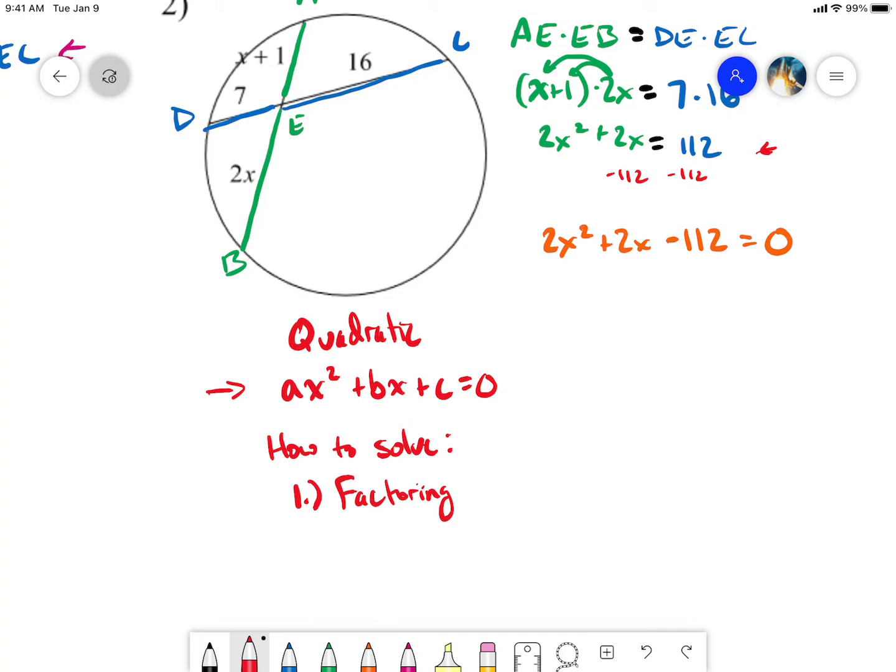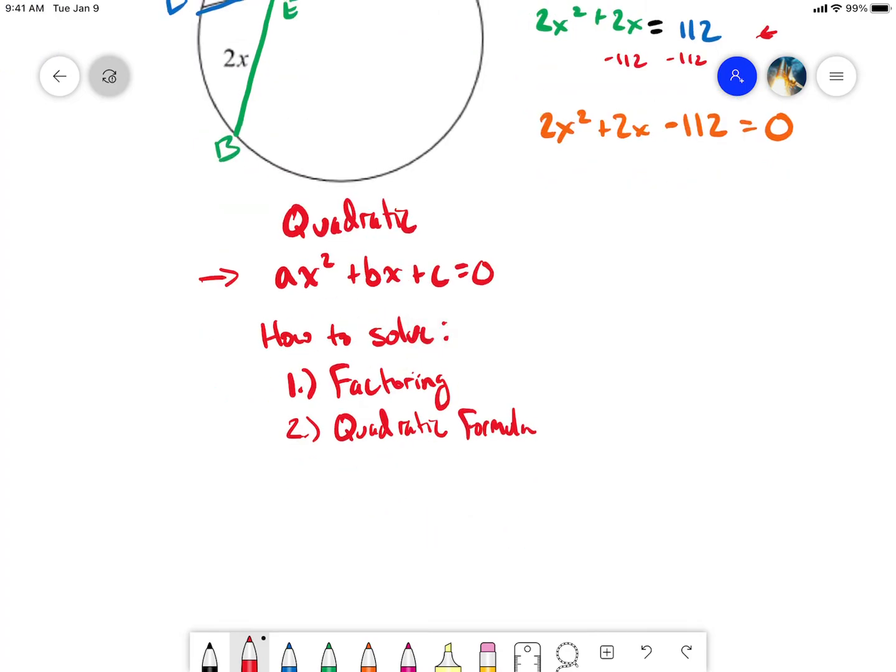The second way is to solve by using the quadratic formula. Does anyone remember what the quadratic formula is? No one does that song?